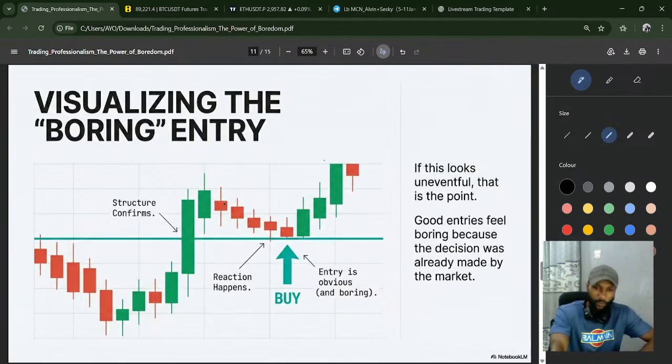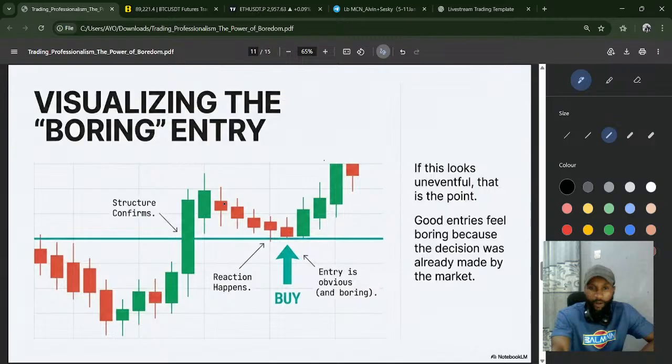So all we have to do is wait for a pullback to this range. You can see if price reaches this range, it then takes off. If I'm using TradingView, I can target this range and say, if price comes down to this range, we make a buy.